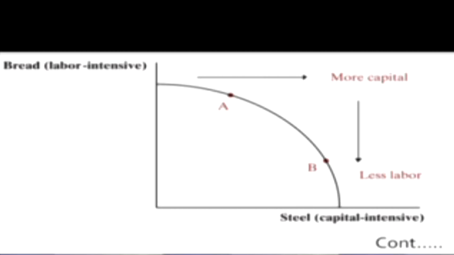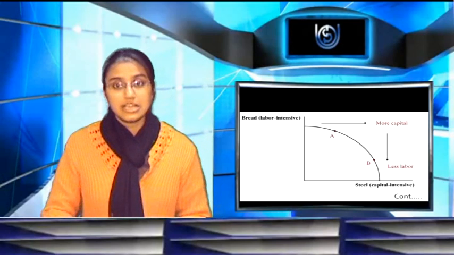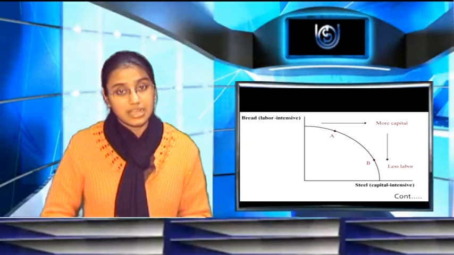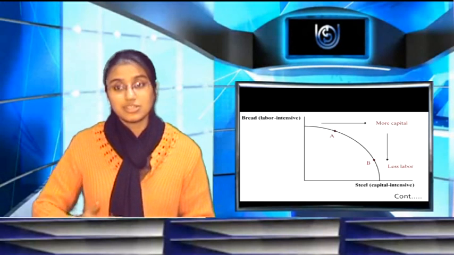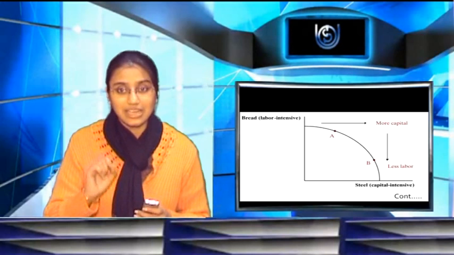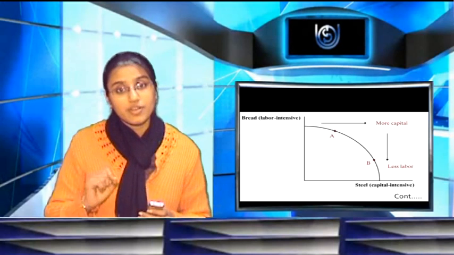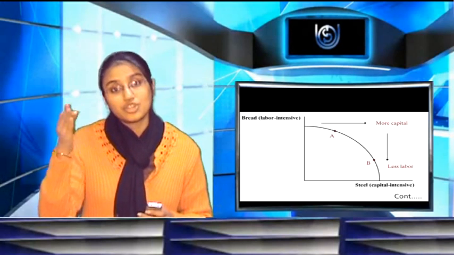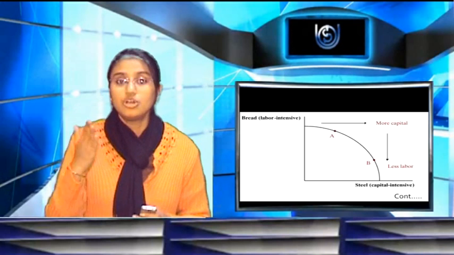Now as you see in this slide, we have a diagrammatic representation of the two products. There is an X country that deals with bread, which is labor intensive, and steel, which is capital intensive. So there is a point A and point B which state the points of best production possibility of both the goods.